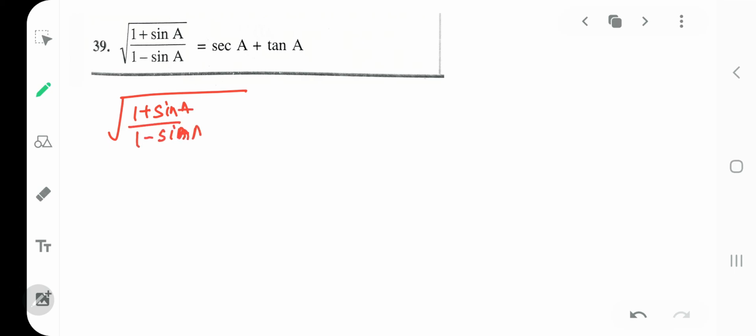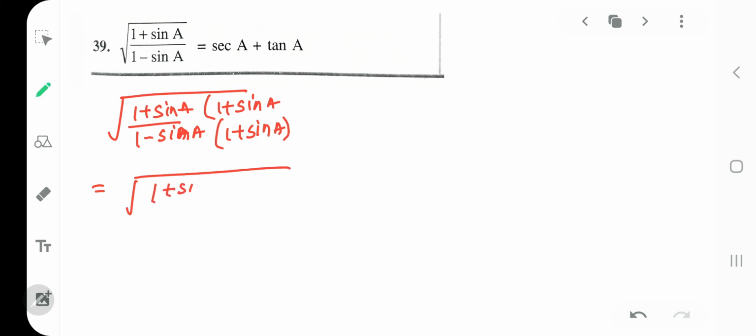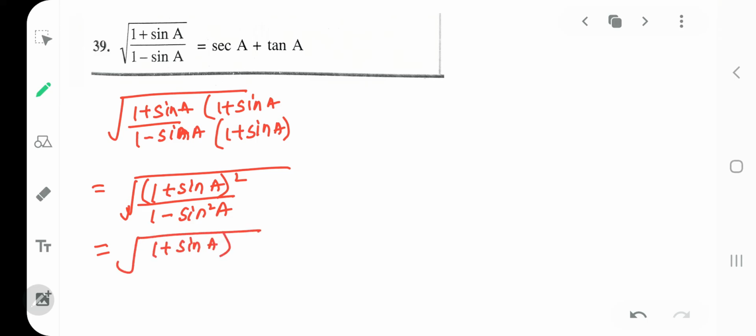I'll multiply this to the numerator and denominator by 1 plus sin a. So I will get above 1 plus sin a the whole square, and down I'll get 1 minus sin square a. For above 1 plus sin a the whole square, and down can I write it cos square a.